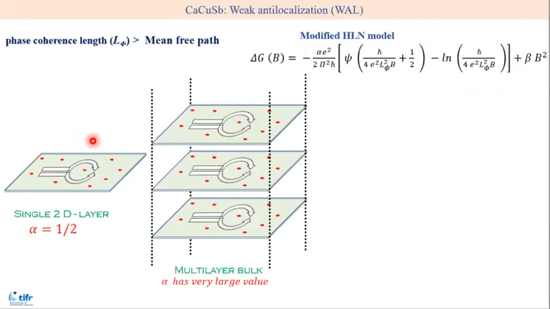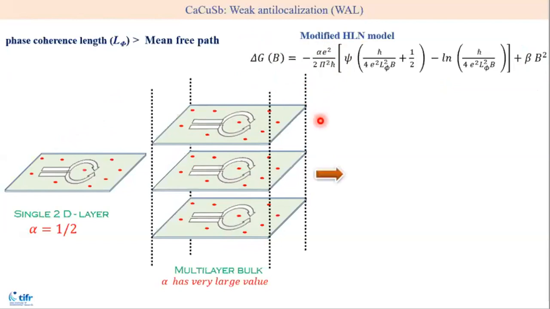But our system is not a monolayer. Our system has multi-layer transport. So when you have this multi-layer parallel transport, you expect the alpha value to be very large. You have parallel conduction channels, and each channel contributes to the magnetoconductance data, and you get a large value of alpha.